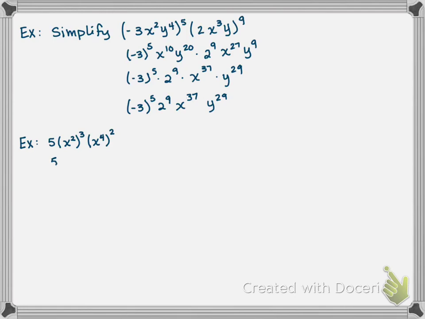Good. So a lot of this is just recognizing where things are and what factors the exponents apply to. So then this is 6 factors of x and 8 factors of x, which is how many factors of x? 14. Good.